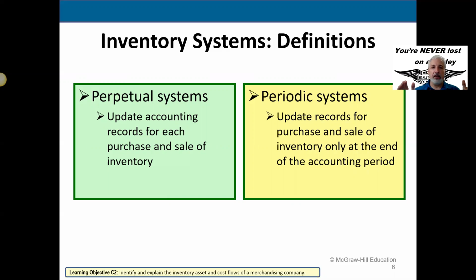And if I got 12 in a case, I got 48 boxes. Am I worried about which box I sold? I sold the box. I have an average cost or LIFO, FIFO we'll talk about later in another chapter. I'm not going to worry about the box of cereal that I bought and the box of cereal that I sold. So perpetual is usually after big ticket items, diamond rings, boats, cars, expensive things.